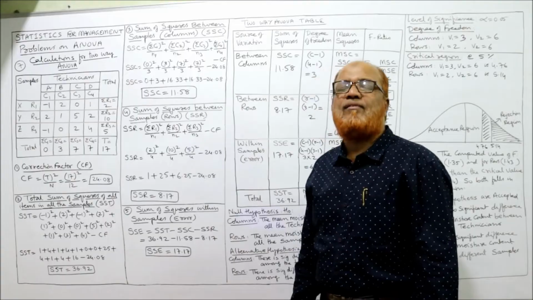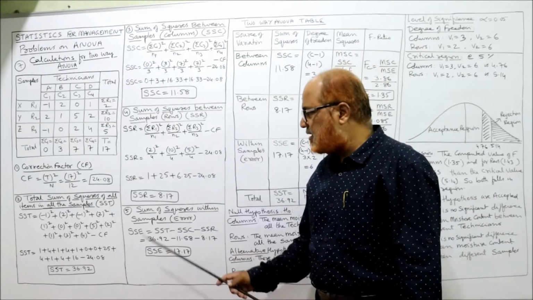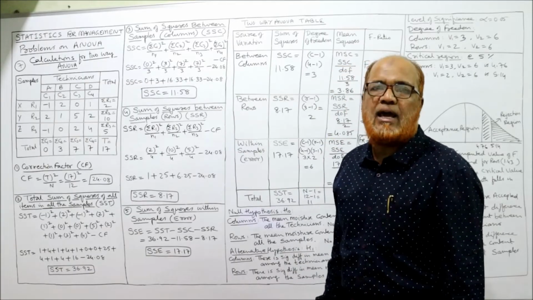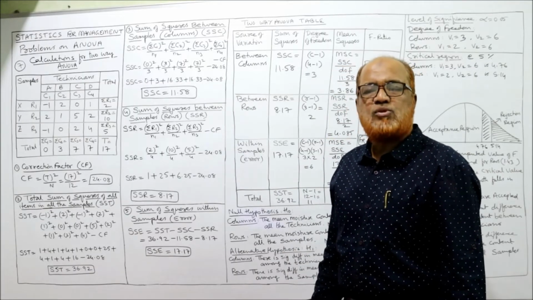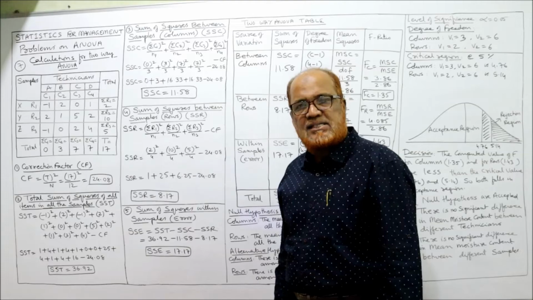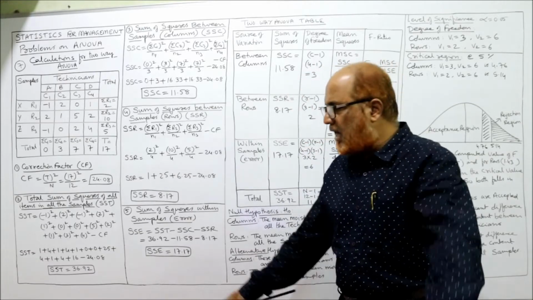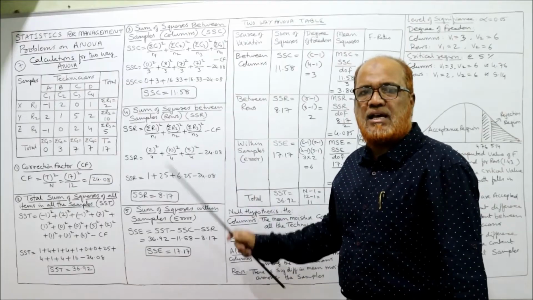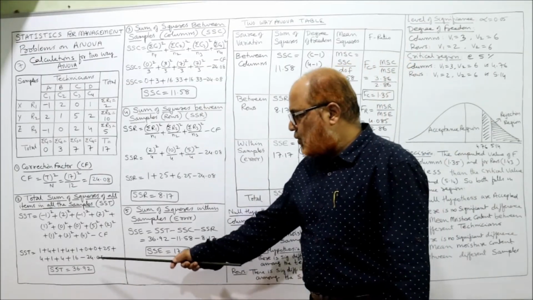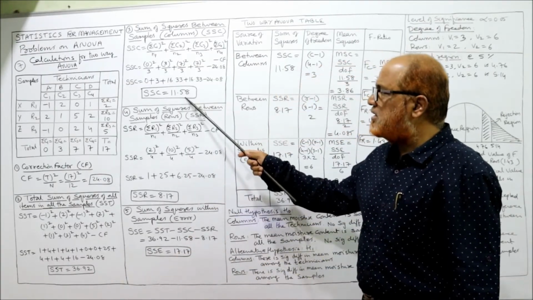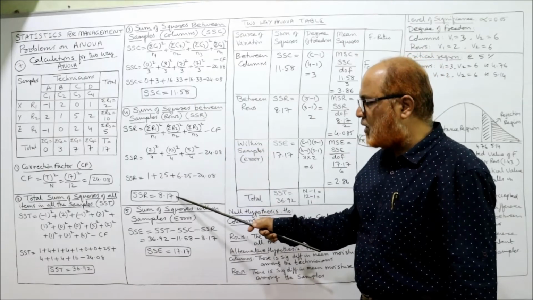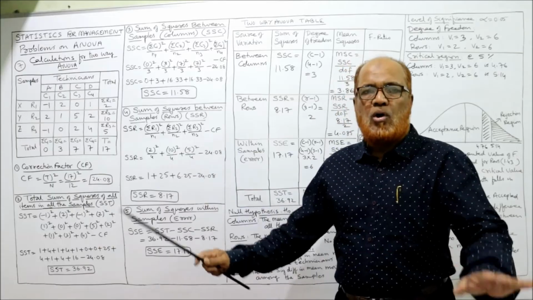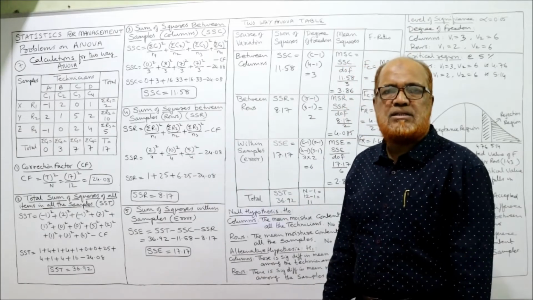Now we easily find the sum of squares within the samples, which is called error, SSE. That is equal to SST minus SSC minus SSR. So 36.92 minus 11.58 minus 8.17, you get 17.17. All calculations are completed.